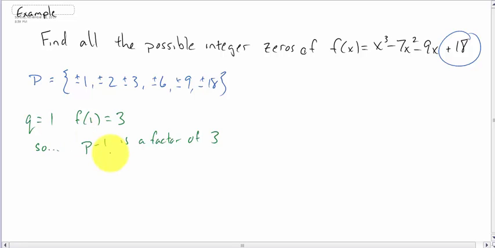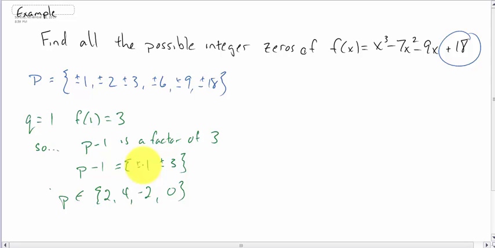Okay, so what are the factors of 3? The factors of 3 are plus or minus 1, plus or minus 3. So p minus 1 has to equal one of those. If I add 1 to each of these possible factors of 3, p could be 2, 4, negative 2, or 0. I just added 1 to positive 1, positive 3, negative 1, and negative 3.